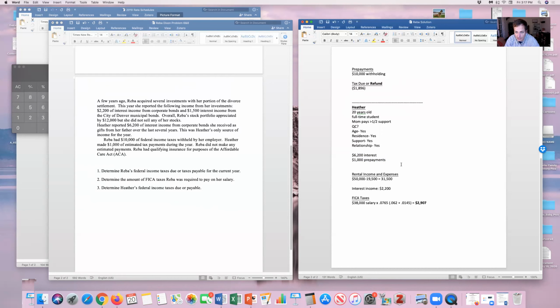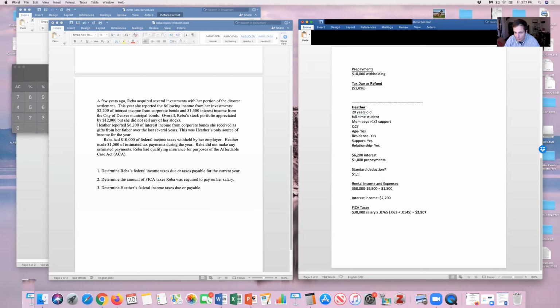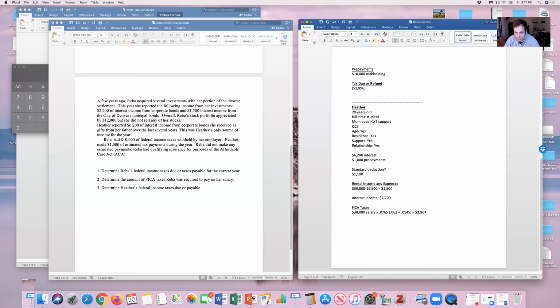What that means is, what is Heather's standard deduction? It's either going to be $1,100, the standard amount for a dependent, or earned income plus $350. What's Heather's earned income?